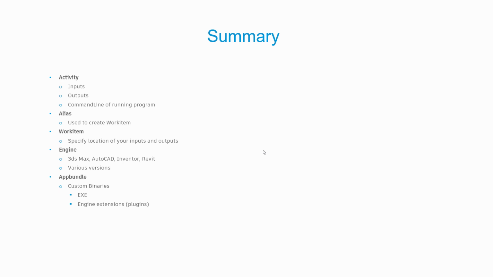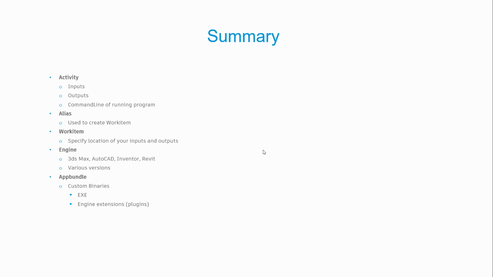Activities are versioned, and to run the activity, we must define an alias inside the activity which points to the version we would like to execute. By execution of the activity, we mean creating a work item. Into the work item, we must specify where to download inputs and where to upload outputs.